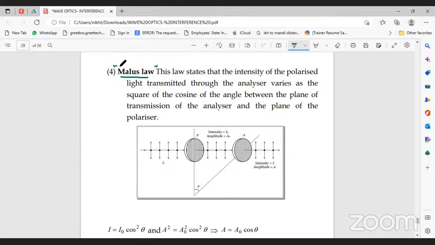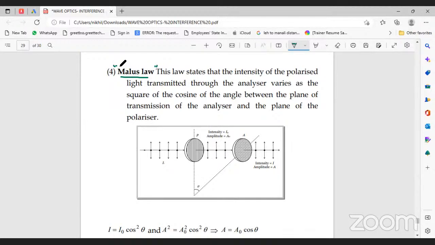What is the statement of Malus law? What is the use of this Malus law?